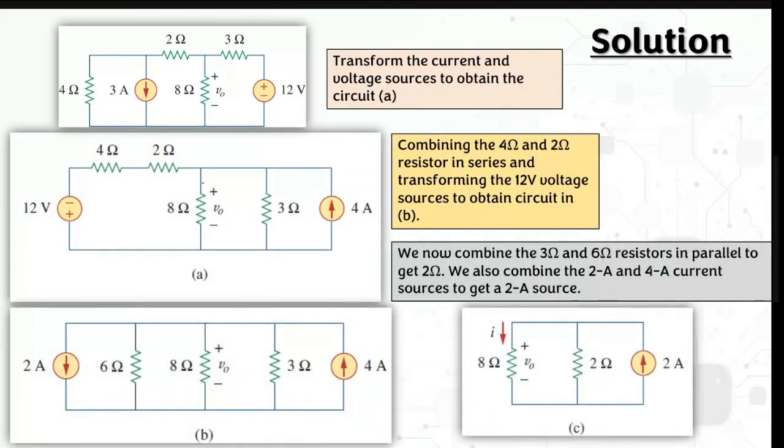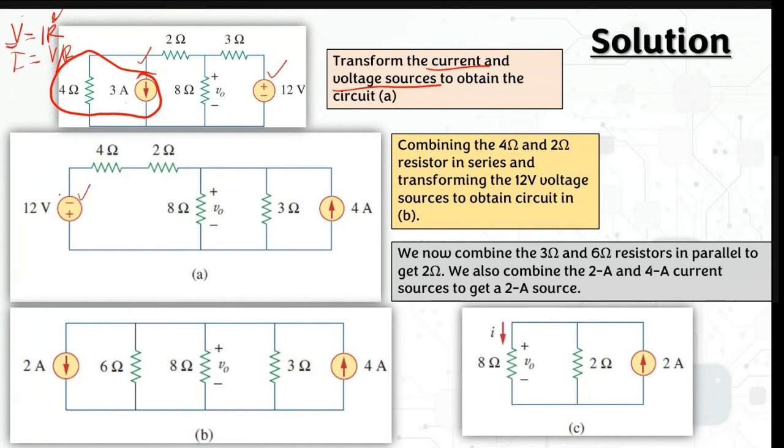So let's say first you want to transform this part: the current and voltage sources, both the current source here and the voltage source here. To transform a current source or a voltage source, you just use Ohm's law, where V equals IR for the voltage, and I equals V over R. To transfer this one into a voltage source, just use this equation, I times 4.